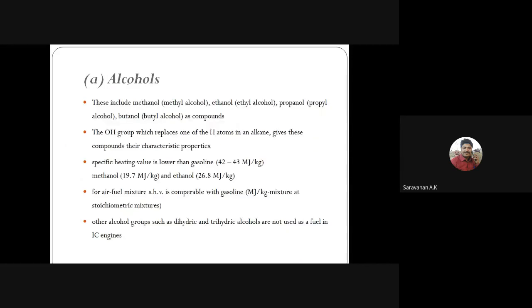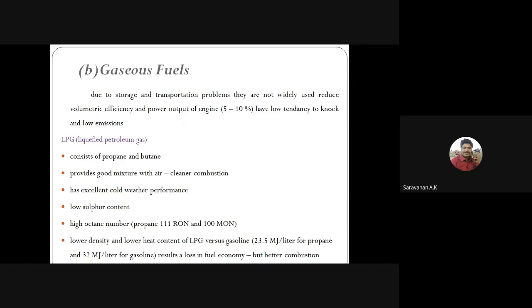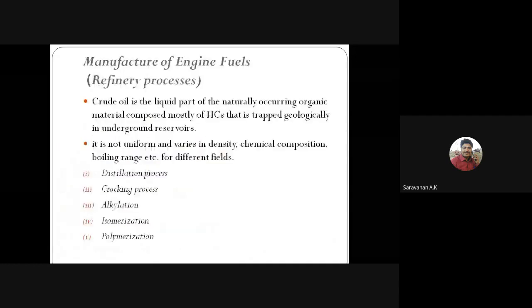The first one is the alcohol, which includes ethanol, methanol, propanol, and butanol. Then the gaseous fuels, that is LPG and CNG, compressed natural gas, right?